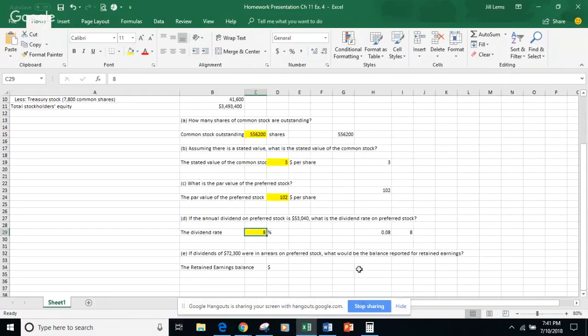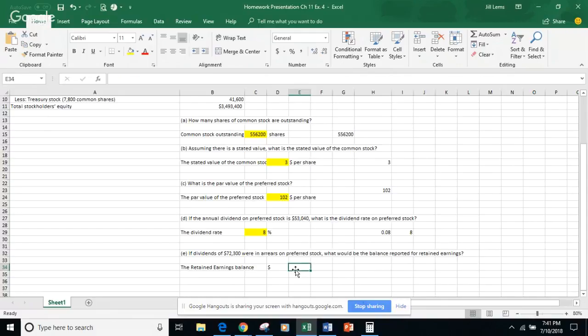The last question is, what if the dividends were at 72,300 and we're in arrears on preferred stock, what would the balance reported be in retained earnings? As we learned through our lesson, retained earnings doesn't change if the dividends in arrears have not been paid or have not been accounted for yet.